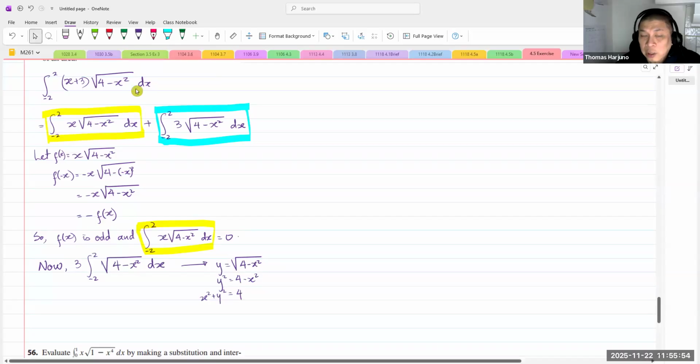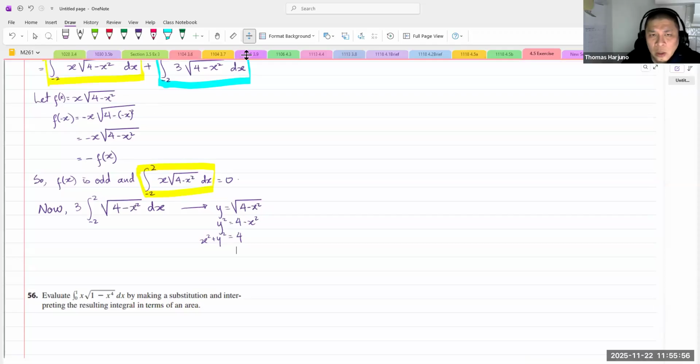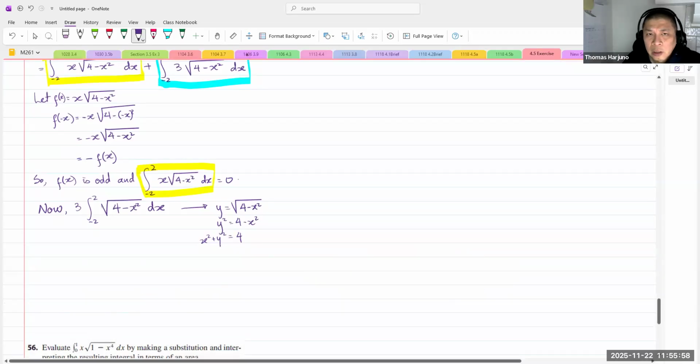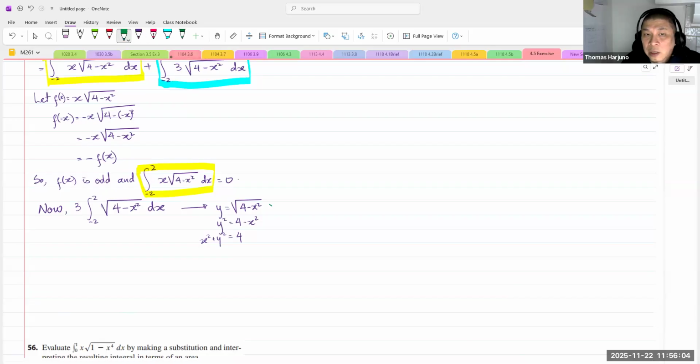That is actually a semicircle. You might think, I thought it's a circle. Semicircle, because implicitly from the equation here, y equals square root of something, y has to be non-negative. So we are actually looking at a semicircle with radius 2, center at origin.